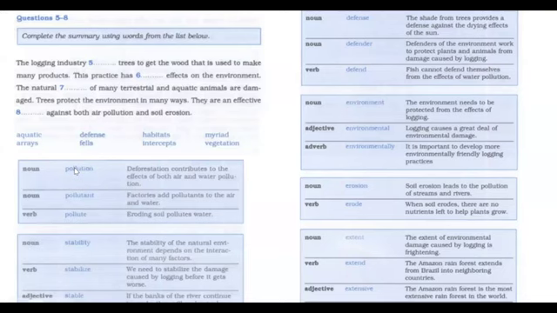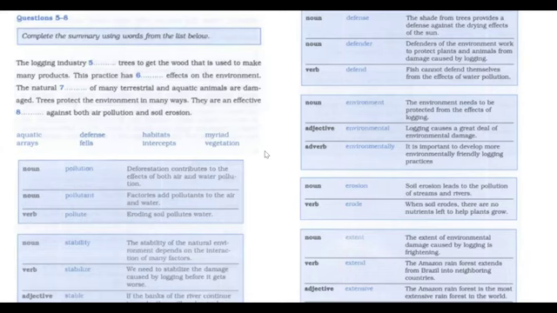Areas? Areas is like many, so we need a noun. Aidana, do you have any ideas? Maybe you can help as well. Habitats?